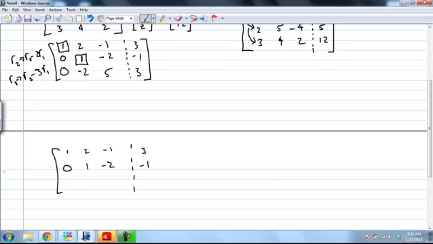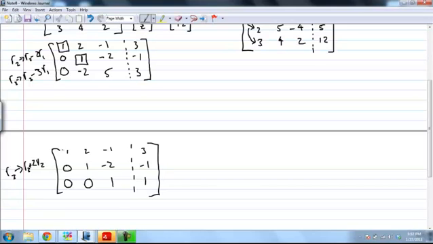In the third row, I'm going to add twice the second row to the third row. That will give me a 0 in the 3,2 position. In the 3,3 position, I will have 5 plus negative 4, which gives me 1. And on the right-hand side, I will have 3 plus negative 2, which gives me 1.